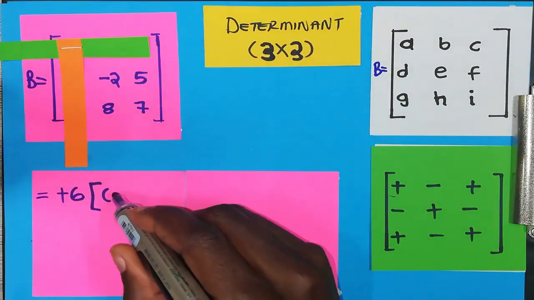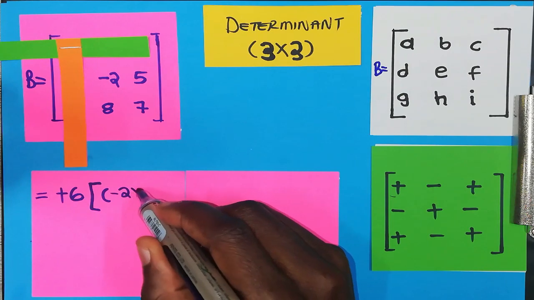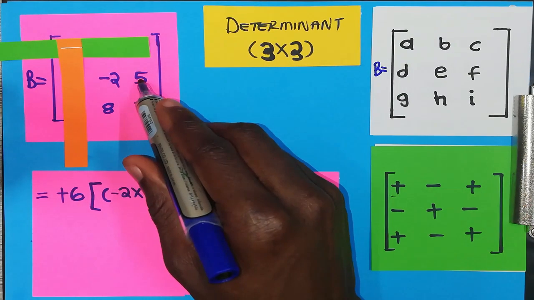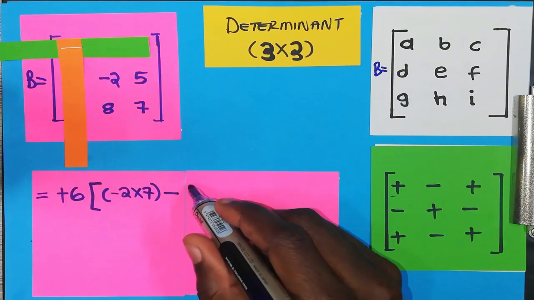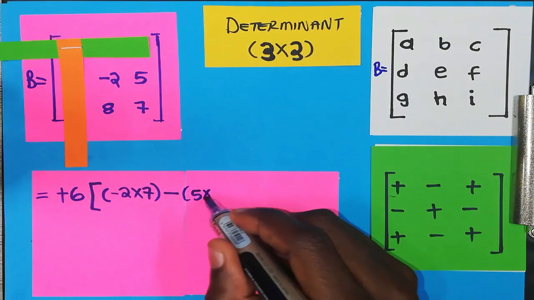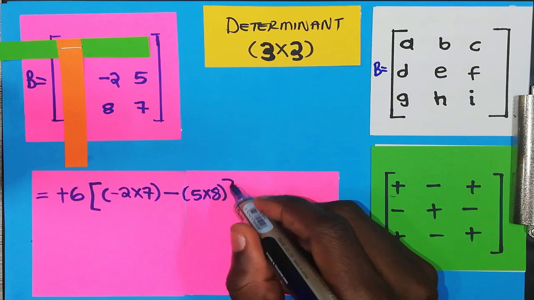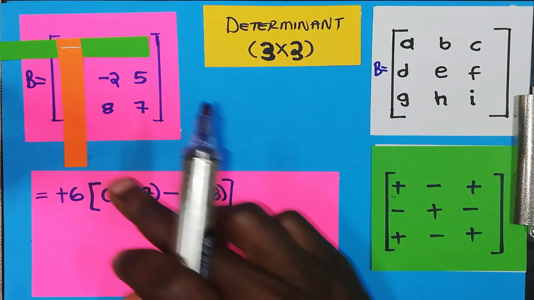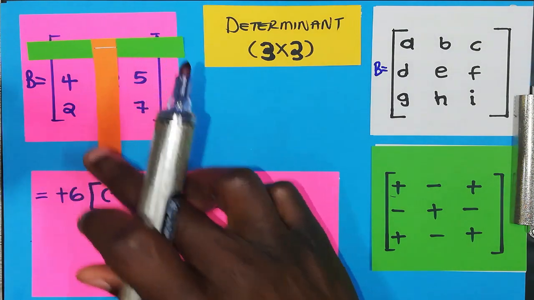So it's 2 multiplied by 7 minus 5 multiplied by 8. That was the first part.